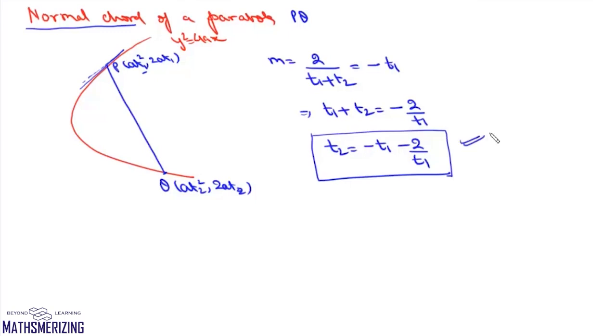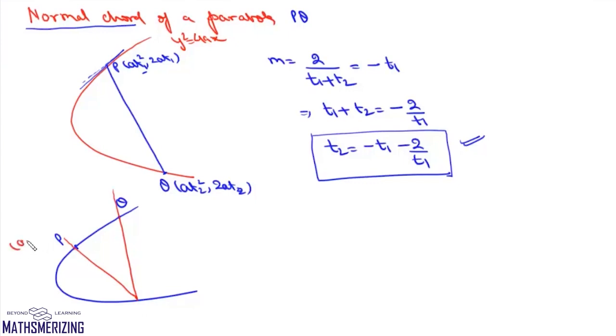Now there are many questions on normal chords of a parabola. One of the questions is, there are 3 points. Suppose we have 2 points P and Q, and it says the normal drawn at P and the normal drawn at Q intersect on the parabola. Then we need to find the relation between their parameters.